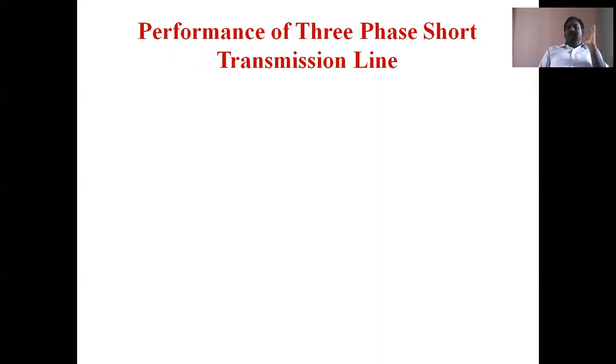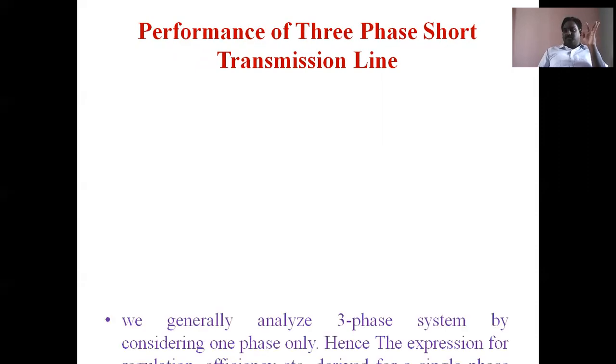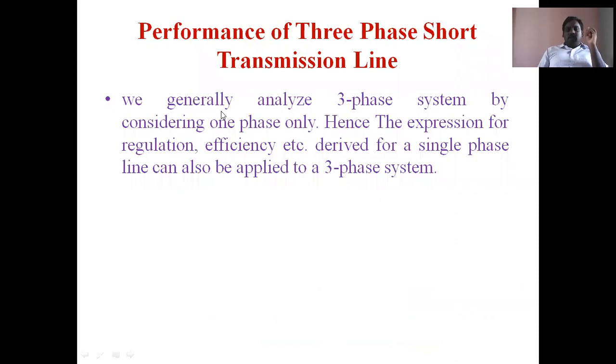This is the performance. Coming to the three-phase star transmission line, if a three-phase system is there, we always analyze it on a per phase basis. So generally we analyze a three-phase system by considering one phase only. The expressions for regulation, efficiency, etc. derived for a single phase line can also be applied to the three-phase system, because all these parameters, regulation, efficiency, power factor, resistance, reactance, can be expressed per phase.